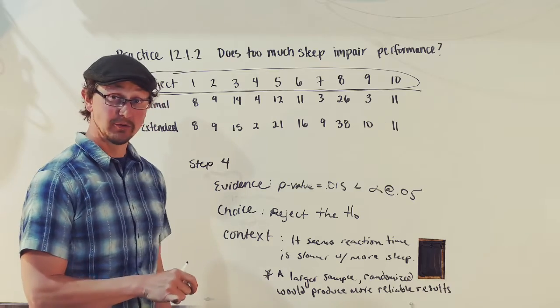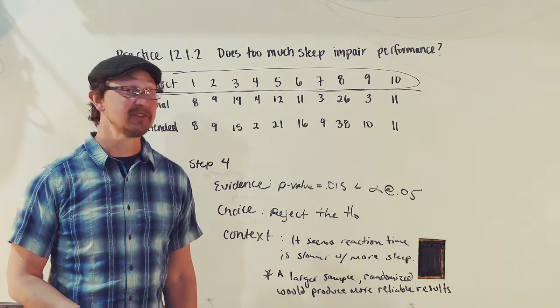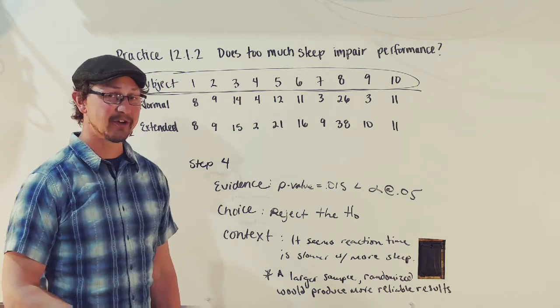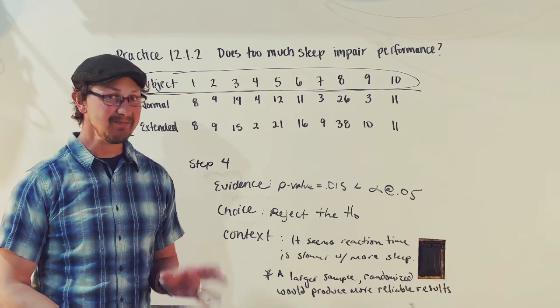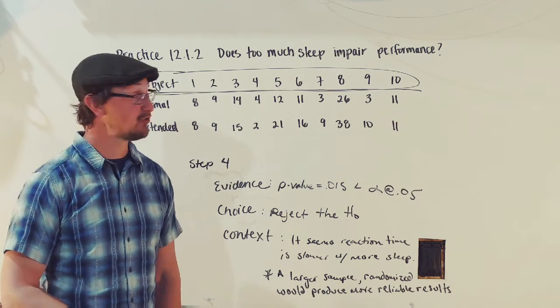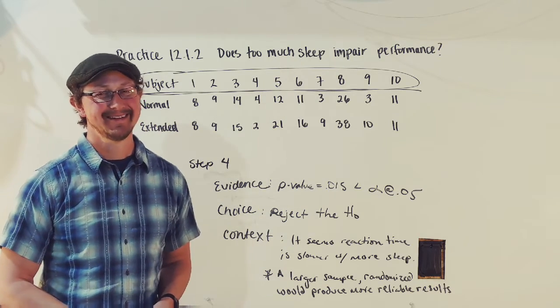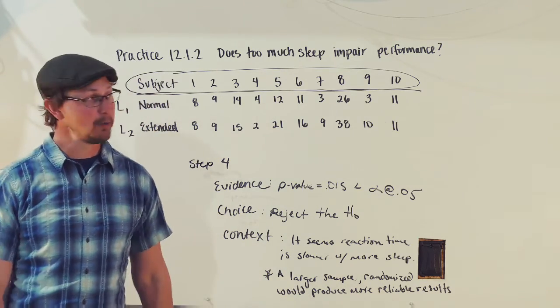This is just an organizational tool to help us keep our participants squared up. So don't enter 1, 2, 3, 4, 5, 6, 7, 8, 9, 10 into your calculator. It's not data. It's just organization. All right, the numbers we're interested in, normal and extended sleep. All right, thank you so much, and hope this was helpful.